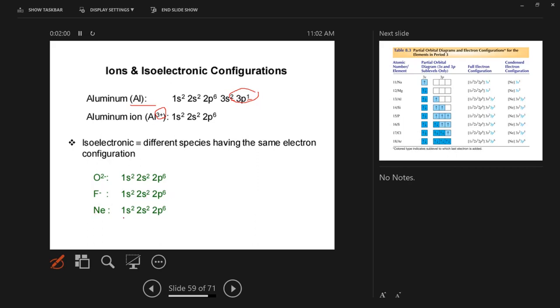And for neon, which is categorized as inert gas, the configuration is 1s2, 2s2, 2p6. Means that for all three elements, it has the same electron configuration.